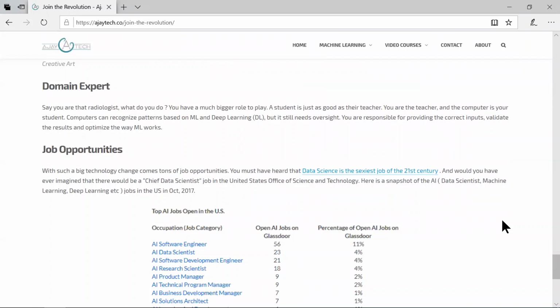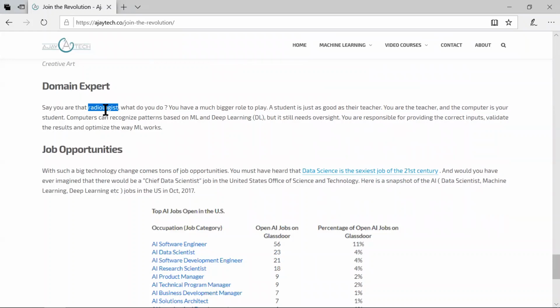Now, say you're not a student, say you're not a programmer, say you're a domain expert. For example, I talked about that MRI system, right? So say you're a radiologist. You have some bone fracture, let's say. You go take an X-ray, right? Similar to that, there is an ultrasound.